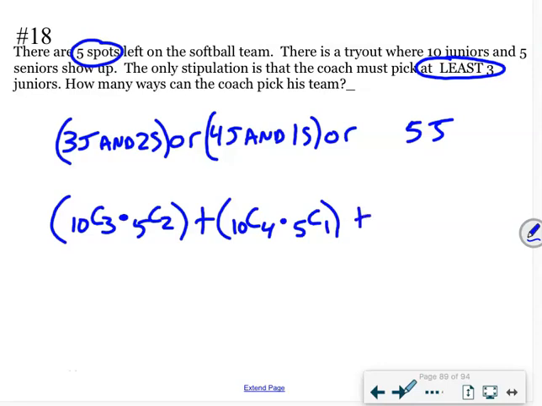Or of the 10 juniors, we pick all 5 to be juniors. So that would be 0 seniors. You can do times 5 choose 0, but that's just going to turn out to be 1.